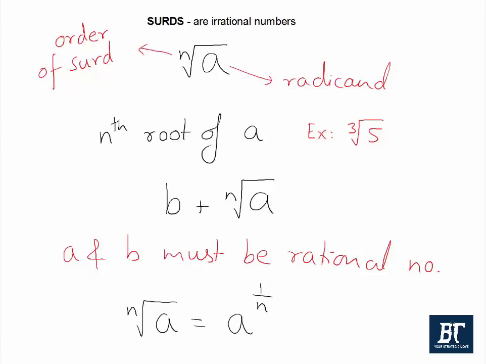This means we can write this as 5 to the power 1 by 3. So let's move to the next. Now we have laws of surds.